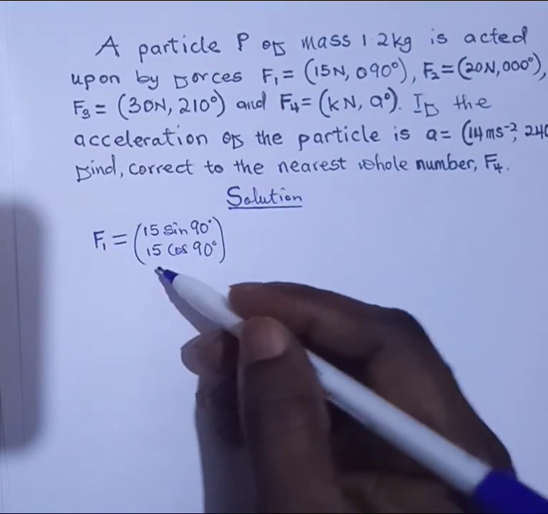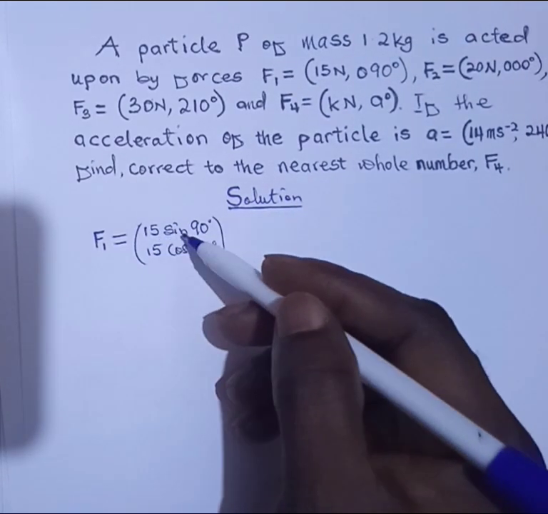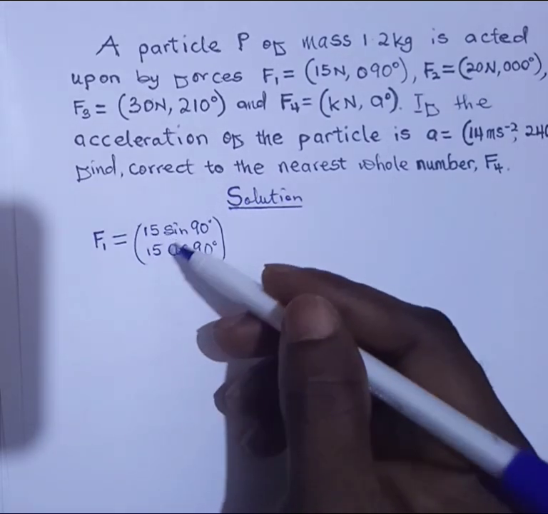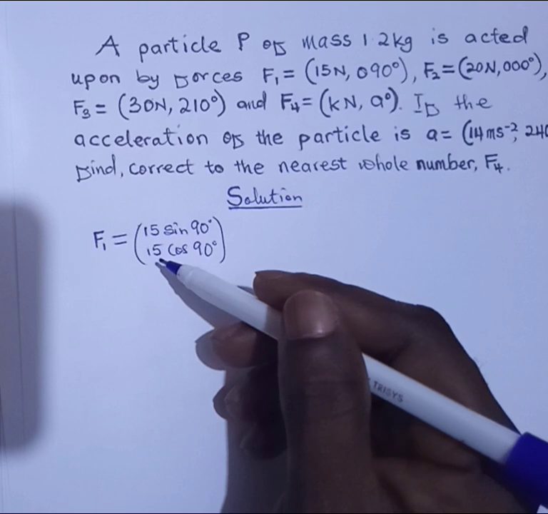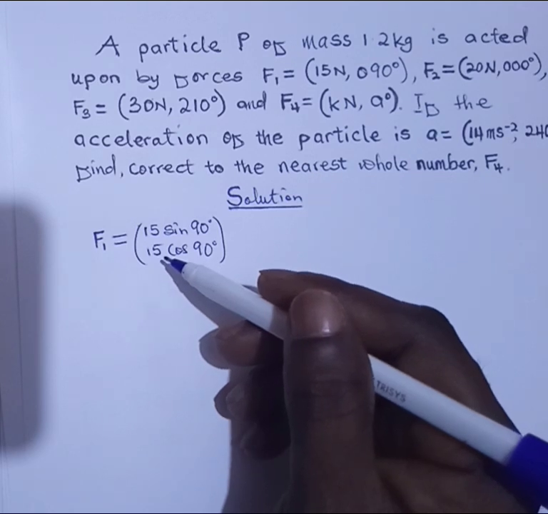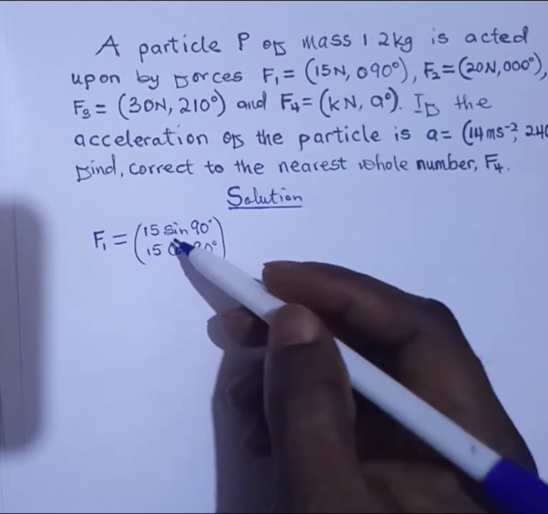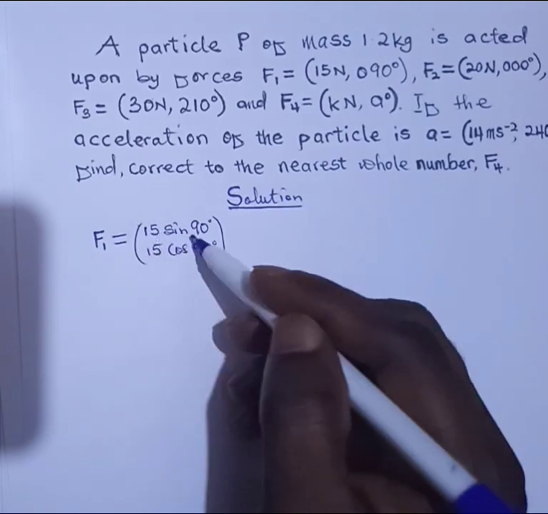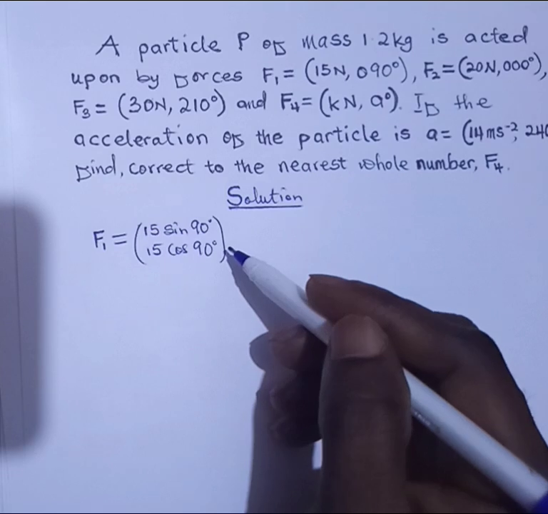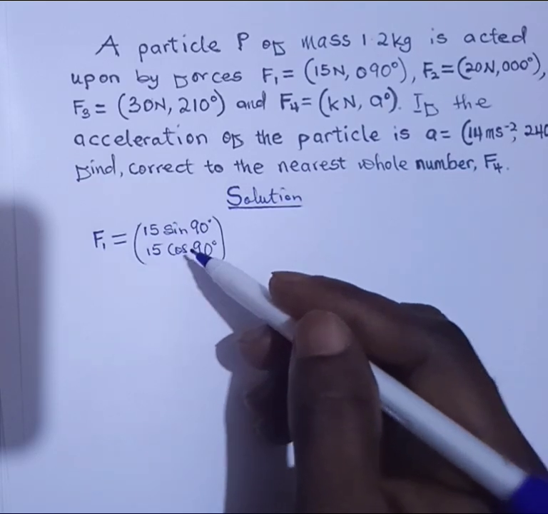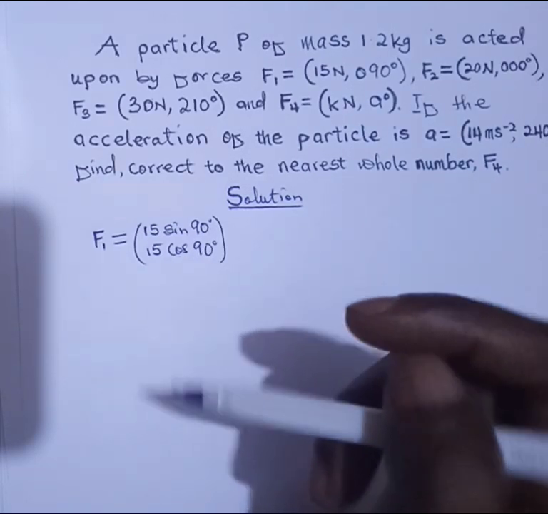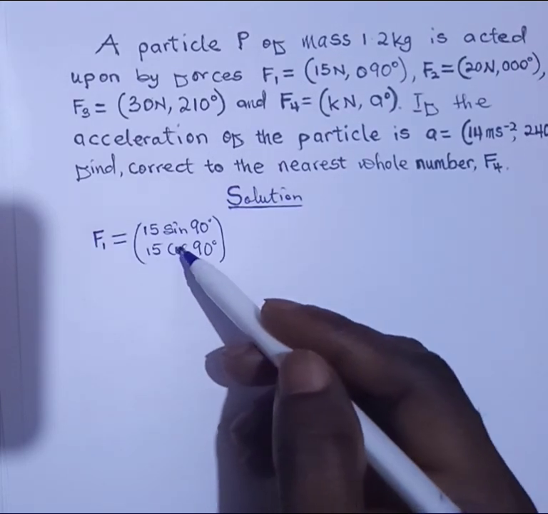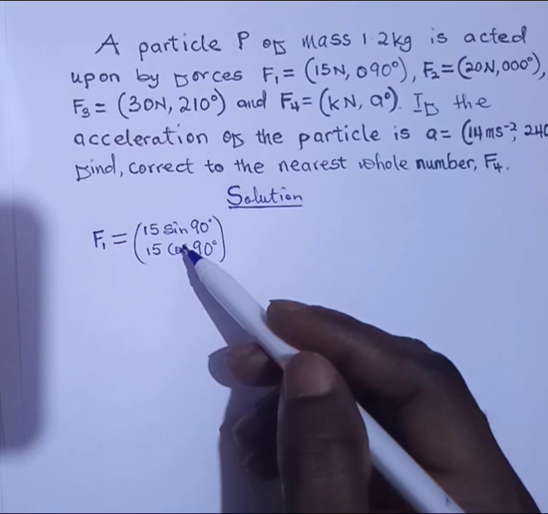You can choose to bring the cos first, but if you want to use the cos first, then you should consider the quadrant formed there. But we don't want to waste time, so if you are using sine first, then it is straightforward. When you use your calculator, the answer comes out straightforward. But if you begin with cos first, then you have to consider the quadrant.